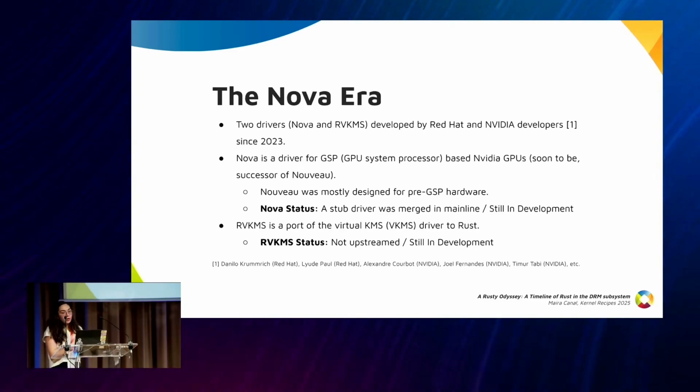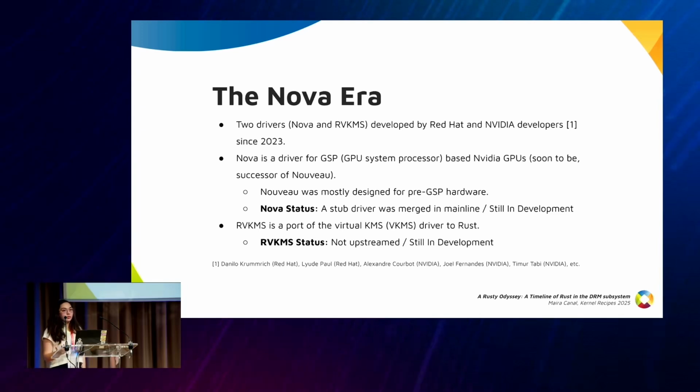Also, around the same time, the RVKMS project was announced. RVKMS is a port of the virtual KMS driver. The virtual KMS driver is called VKMS. We should note that the Asahi driver, although it was fully written in Rust, is only the GFX part.